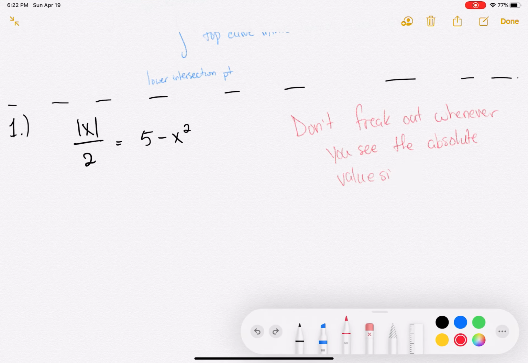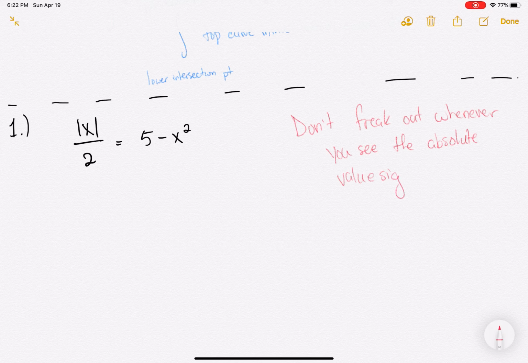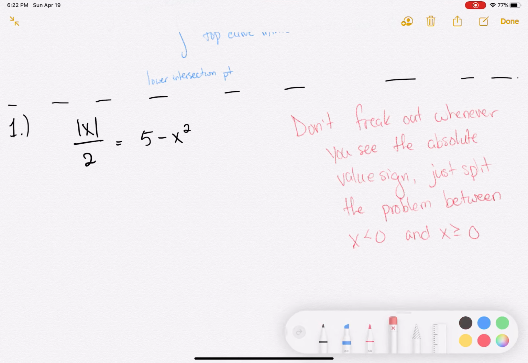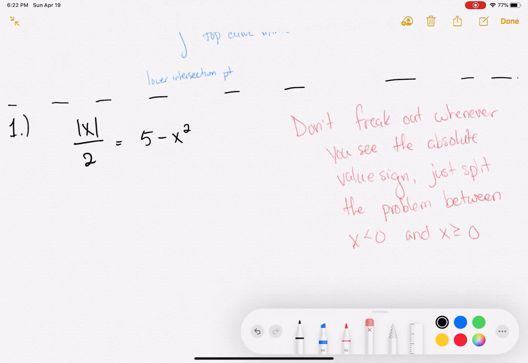Just split the problem between x less than 0 and x greater than or equal to 0. You just make one problem into 2 smaller problems and you're fine.